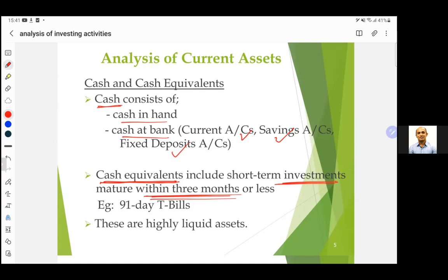The best example is 91-day treasury bills. If you invest today in 91-day treasury bills, your investment matures in 3 months. So treasury bills, particularly these 91-day treasury bills, are part of cash equivalents.